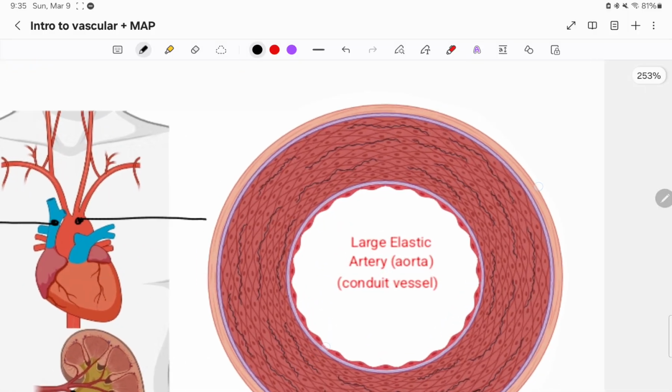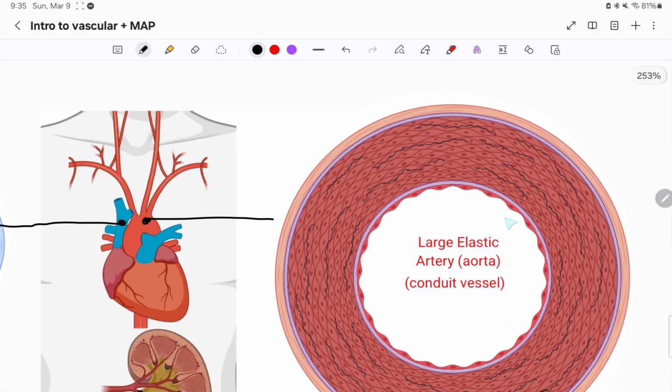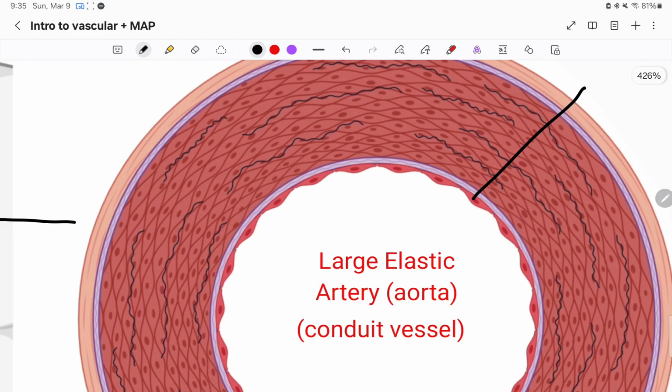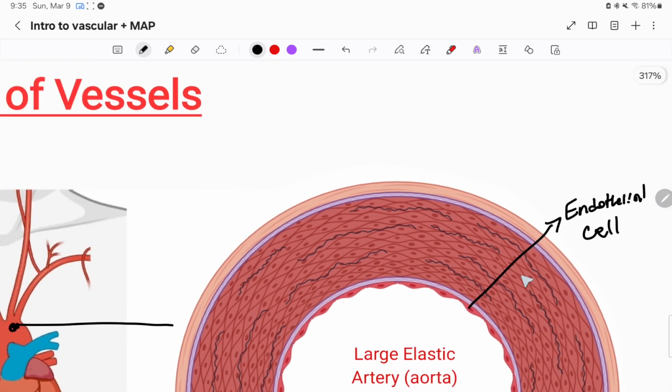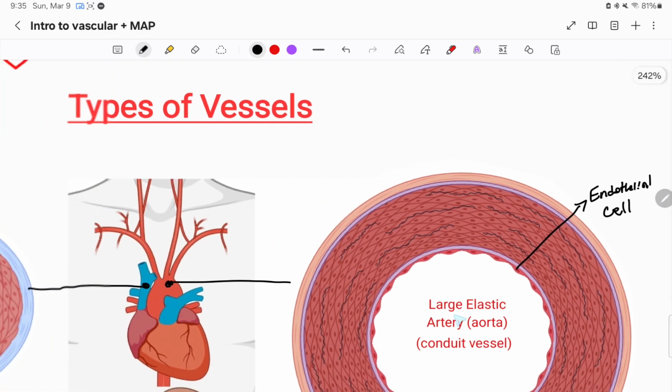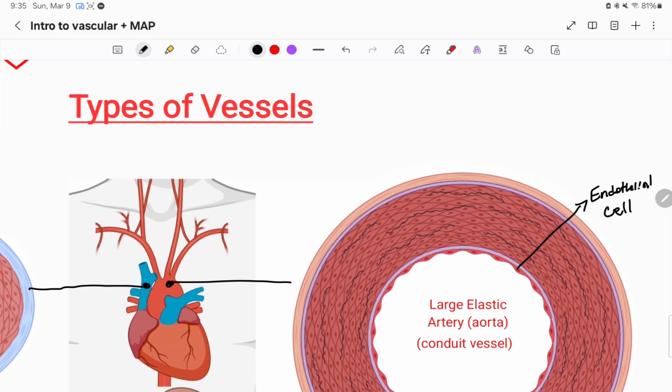So from the inside layer, you have this cell right over here, and it is called the endothelium, or the endothelial cell. This cell is lining the inside of this artery and is the one that is interacting or facing with the blood.